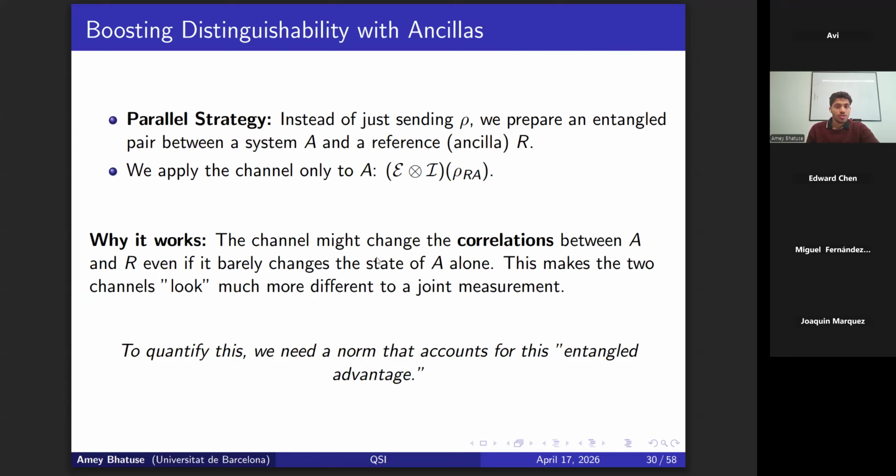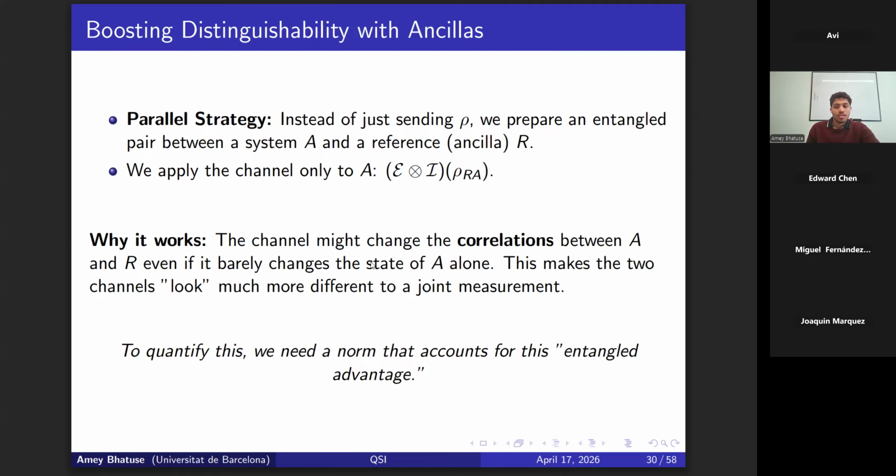The idea is that maybe this channel changes the correlations between A and R, even if it doesn't change the quantum state itself that much, and maybe that helps us. So this makes the two channels look more different than a simple measurement on just the quantum state. Okay, so this is a good intuition, but how do we quantify this?